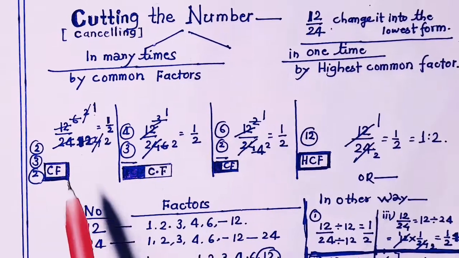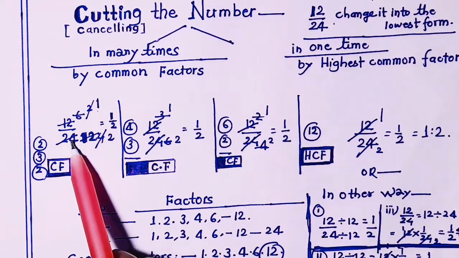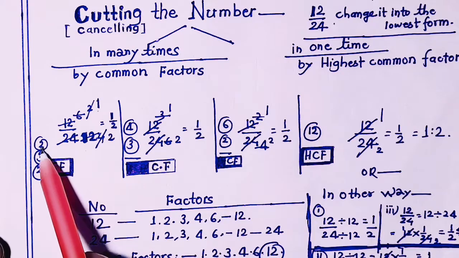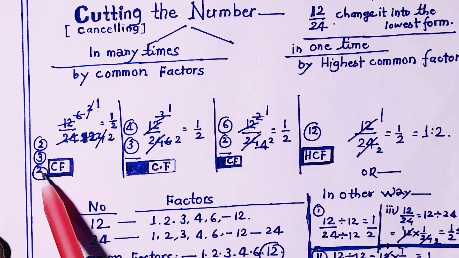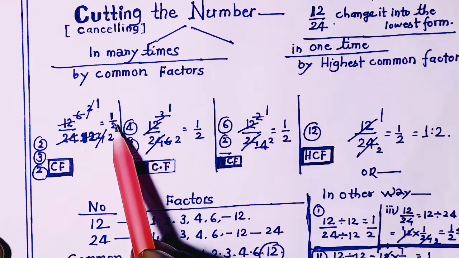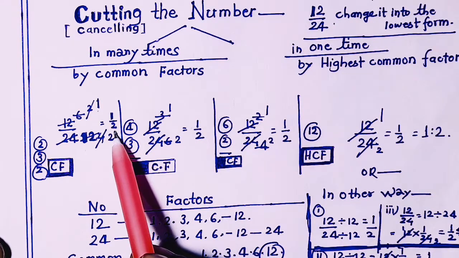Here you can see 12 by 24. This number has been cancelled by 2, 3, and again 2. These are the common factors. So, in many steps, the simplest form is found here, 1 by 2.